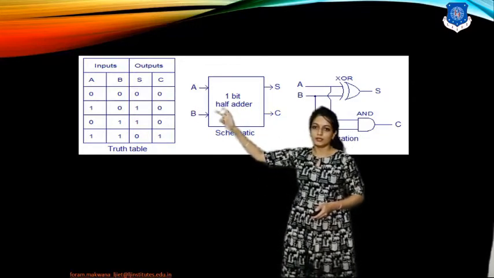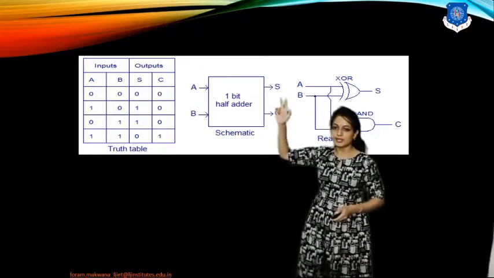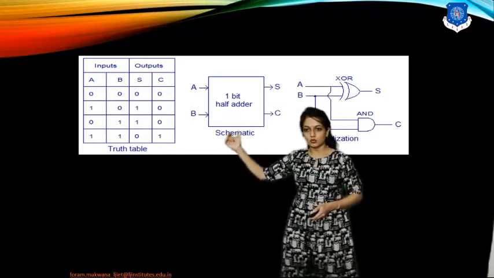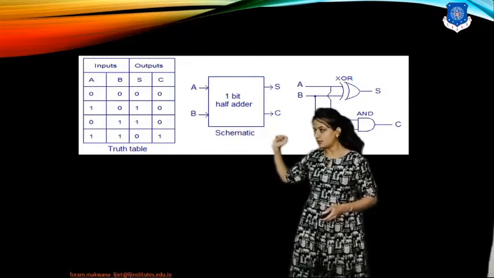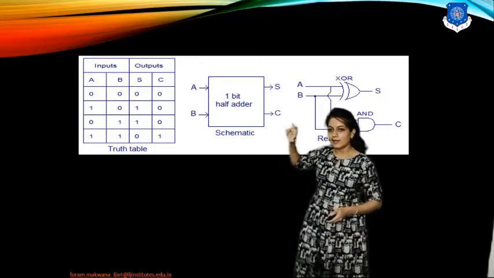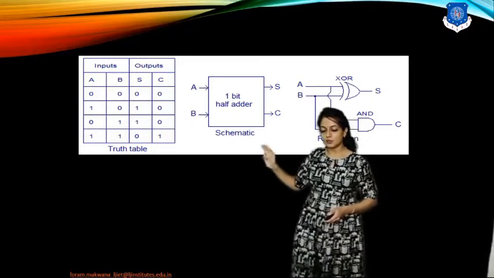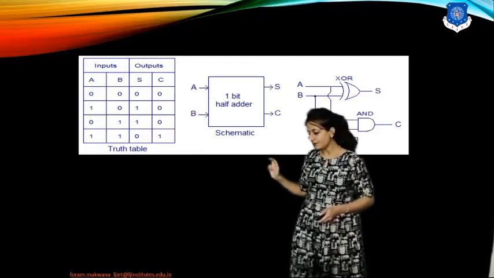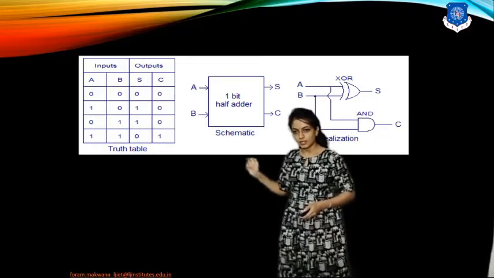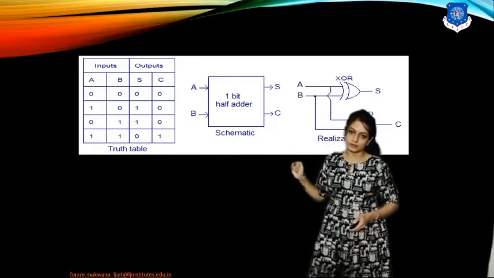For 0 0, the sum is 0 and carry is also 0. Addition of 1 with 0, sum is 1, carry is 0. 0 with 1, sum is 1, carry is 0. Then the fourth is 1 1. Sum is 0 and carry is 1.